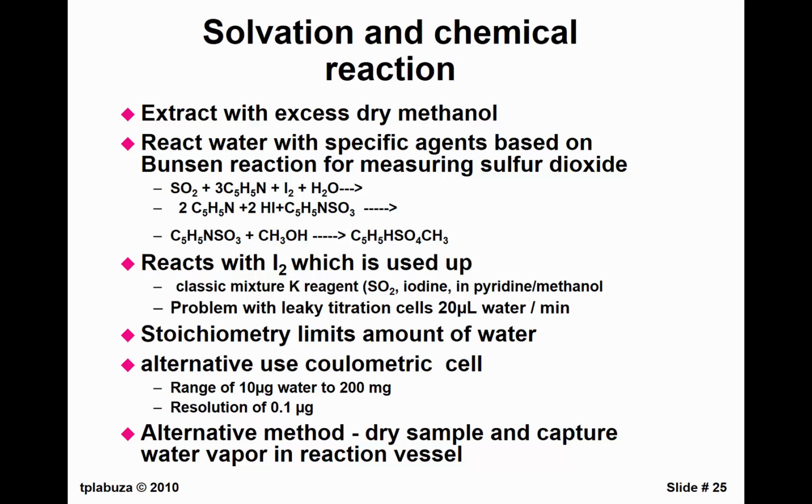You'll get the micrograms of water directly. So no weighing except for the syringe. And of course you have to know how much methanol you used, and how much sample was used.